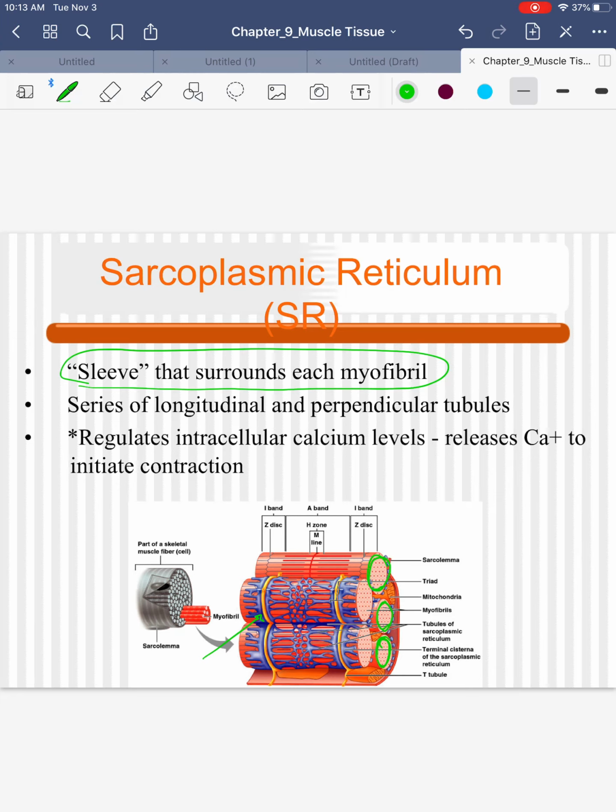And it looks kind of like a mesh sleeve. It's not just a solid sleeve. Instead, it kind of has that mesh-like pattern, okay? So part of that sleeve is here, here. It's this blue sleeve. So it's a sleeve that surrounds each myofibril, and its function is to store calcium, because we're going to need calcium when we get to the steps of muscle contraction.